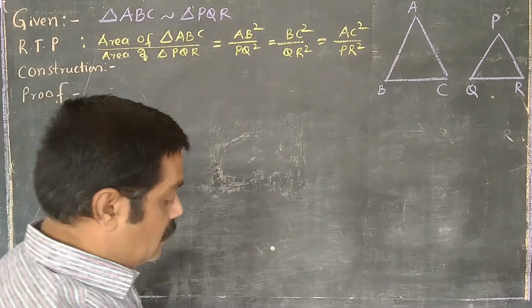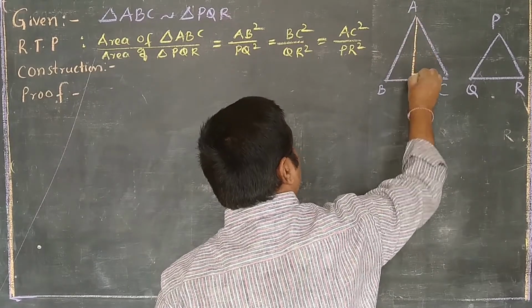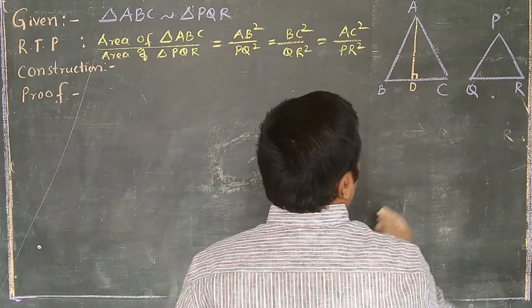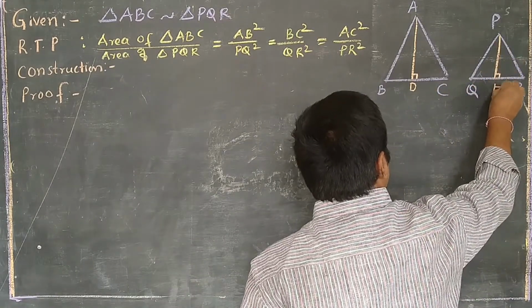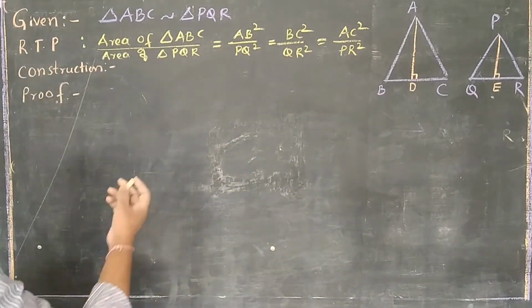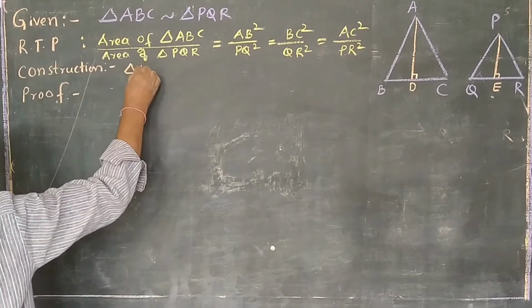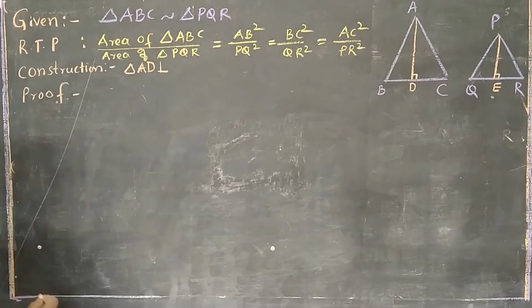So we need altitudes for the triangles. So I have drawn an altitude here, example, this is D. And here also one altitude for this triangle, that I am taking as E. Now these two constructions I did.